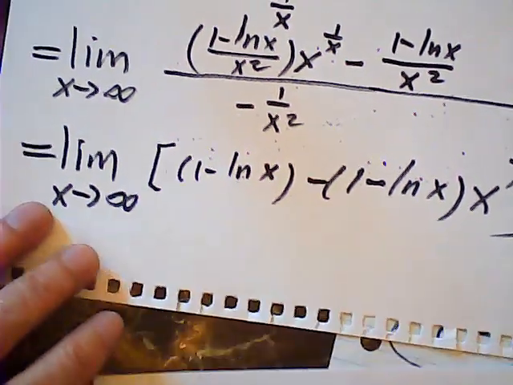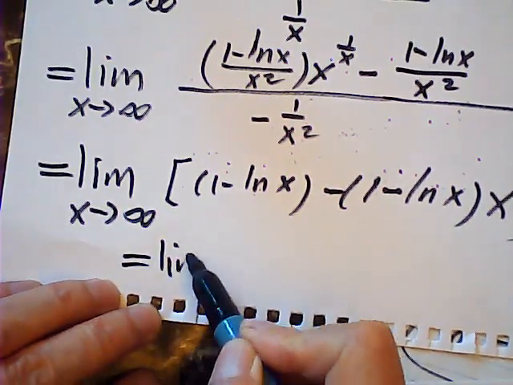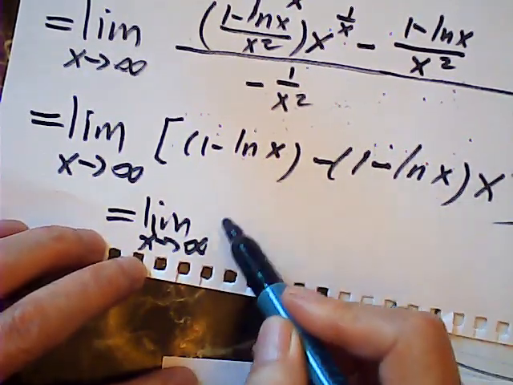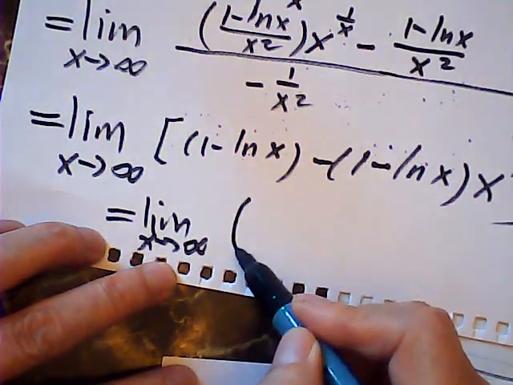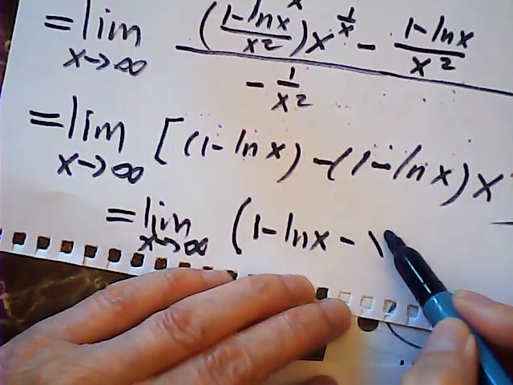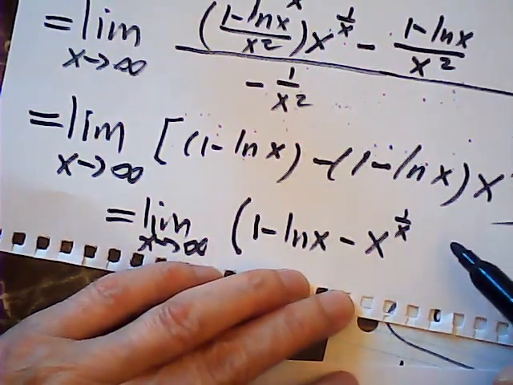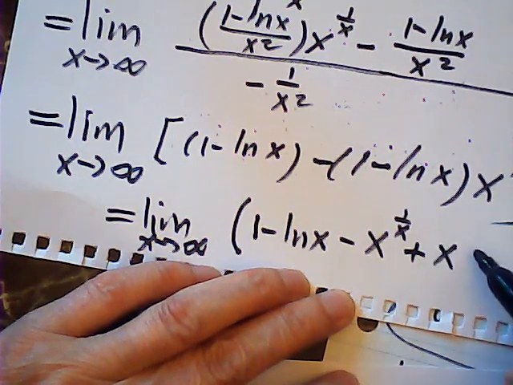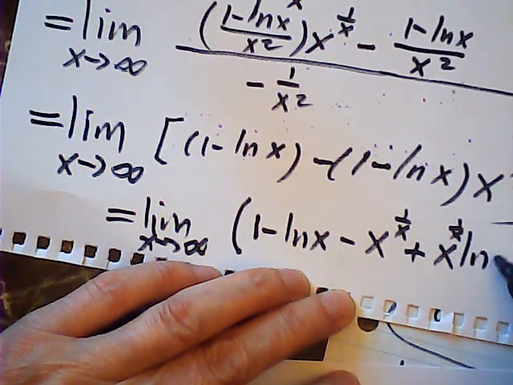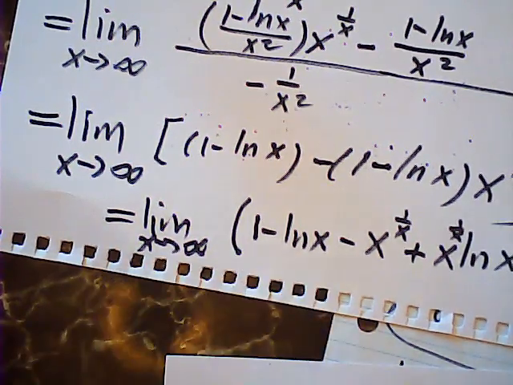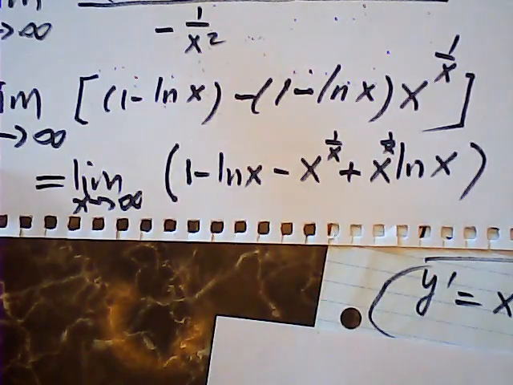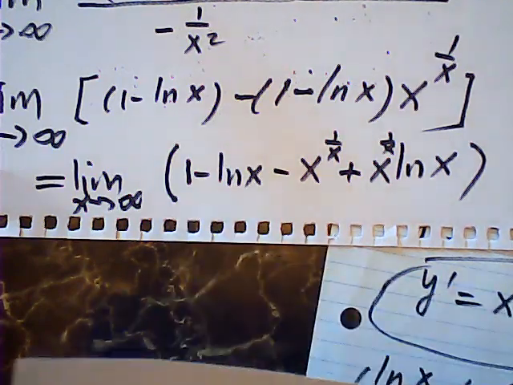Then we simplify, right? By x. This times this, this times this, it becomes 1 minus log x minus x to the power of 1 over x plus x to the 1 over x times log x. So that is the result after simplifying.